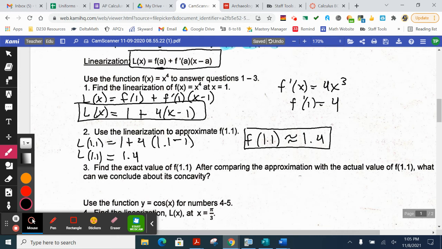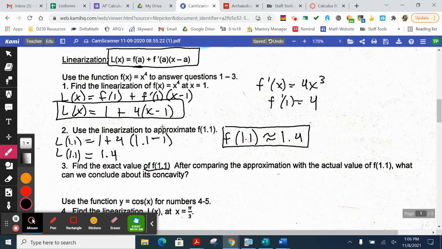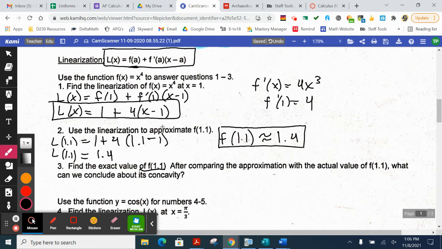Good with all that? Okay, then do 3 real quick. Find the exact value. So now use the actual function, plug in 1.1. And then it says after comparing the approximation with the actual value, so the approximation is number 2, the actual value is number 3. Tell me what we can conclude about the concavity. That's kind of that little new idea that we just did in the previous set.